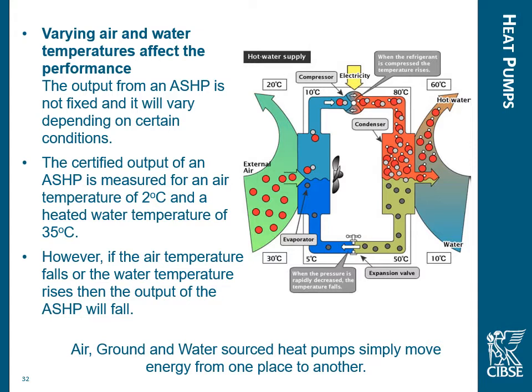But one of the downsides is they only produce water of roundabout 35, probably running up to 40 degrees, and radiators tend to have water in them at roundabout 65 degrees. So they don't work that well with radiators. Where they will work well, though, is with underfloor heating. So our new builds in the future may tend to be heated with air source or ground source heat pumps using underfloor heating.